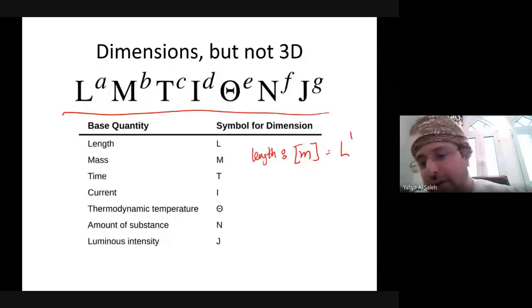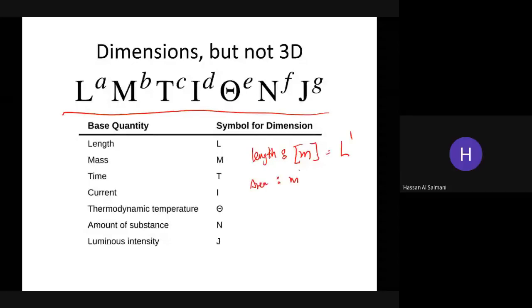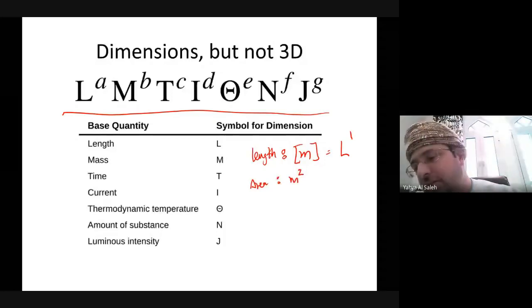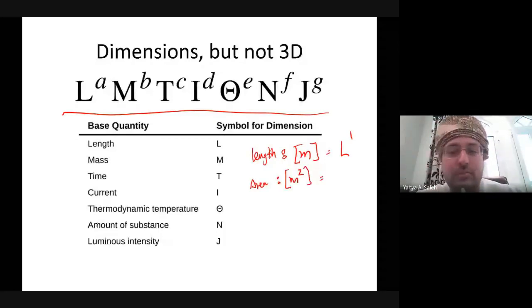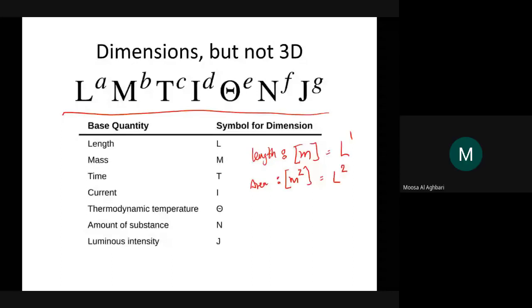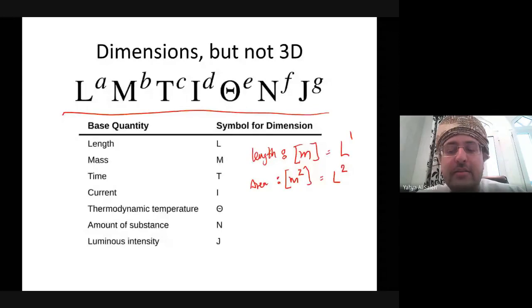What about area? If I have area, my unit is going to be meter square, right? Yeah. So its dimension is going to be L square, right? A square is the area for A, but what is its dimension?